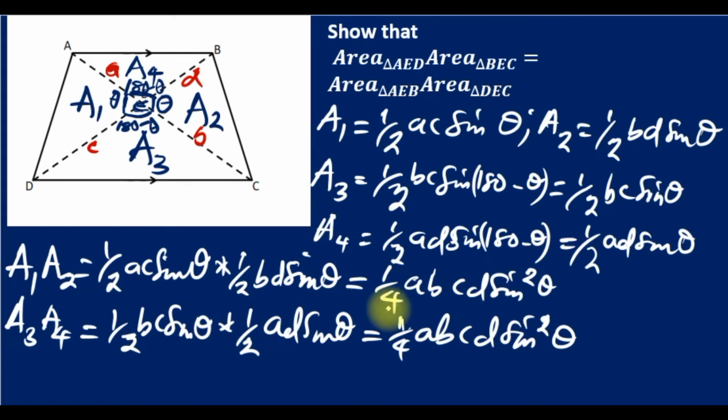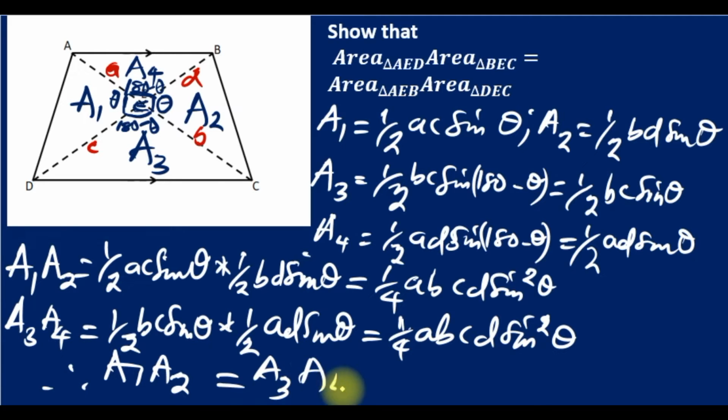So as you can see, the two have the same results. From here you can see that A1 times A2 is equal to A3 times A4. This is a trapezium. Once you multiply the two opposite areas, they are always equal to the product of the other two areas. So we've proved that.